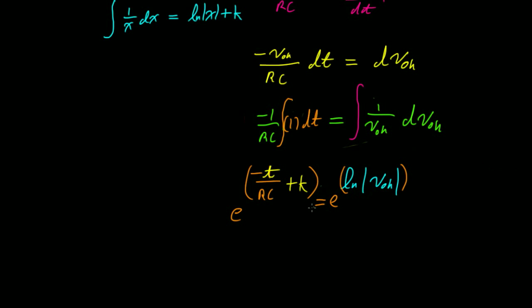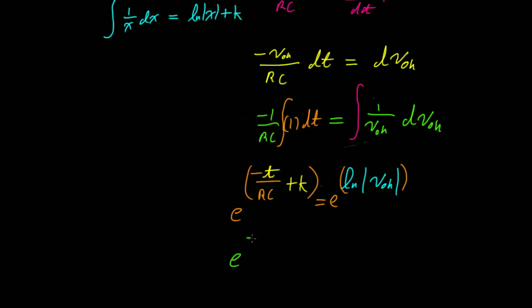So now, on the left-hand side, I've got minus t over RC plus k, all of that as the power of e. Now I can use properties of exponents to break this up a little bit.